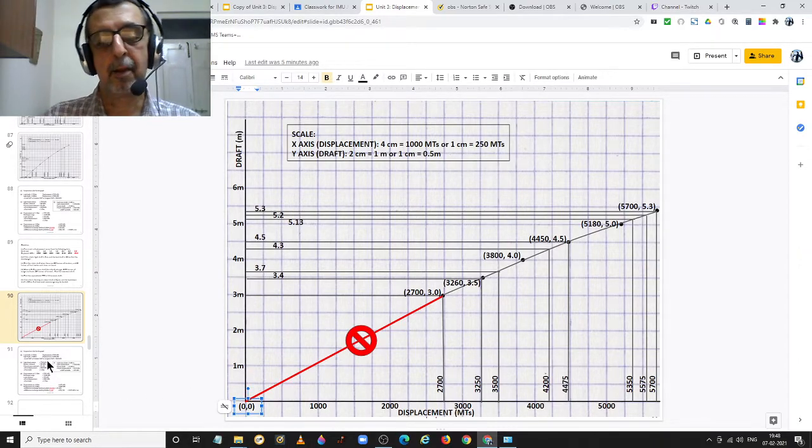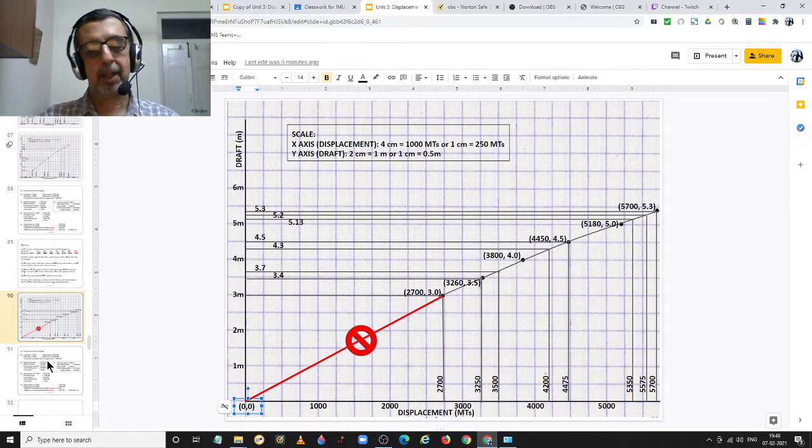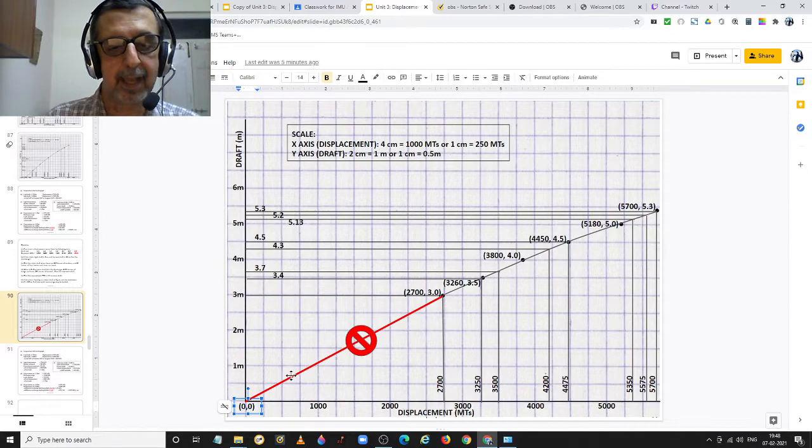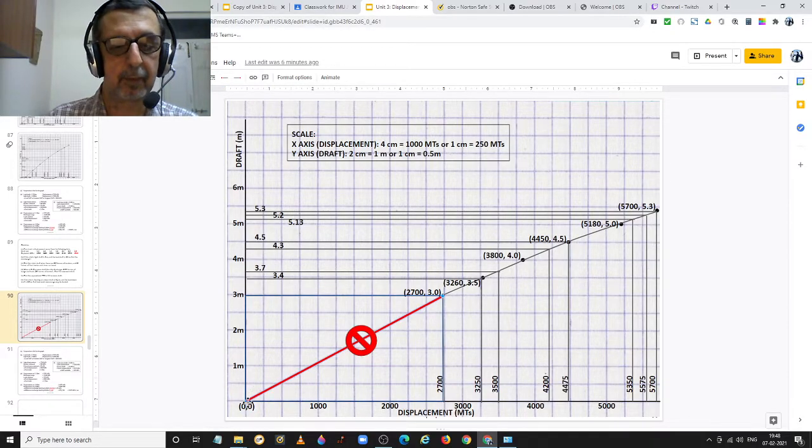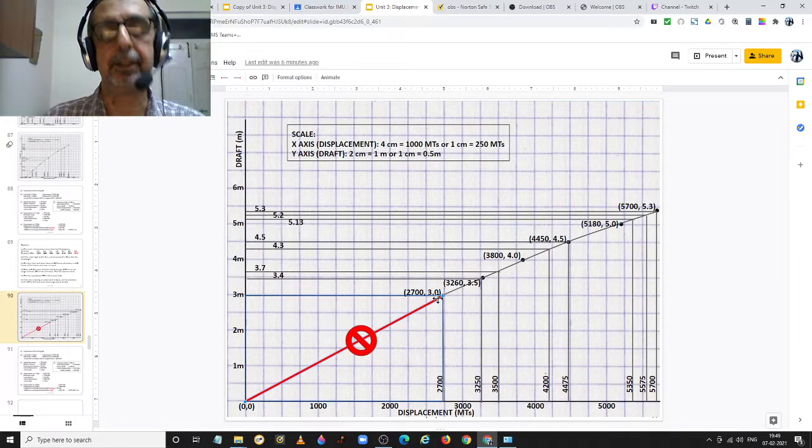Secondly, it is also to be pointed out that many students draw this red line, as I have shown over here, from 0 meter draft to 3 meter draft and 2700 metric tons. It being a ship, the increase in displacement is never linear. It is always on a curve.